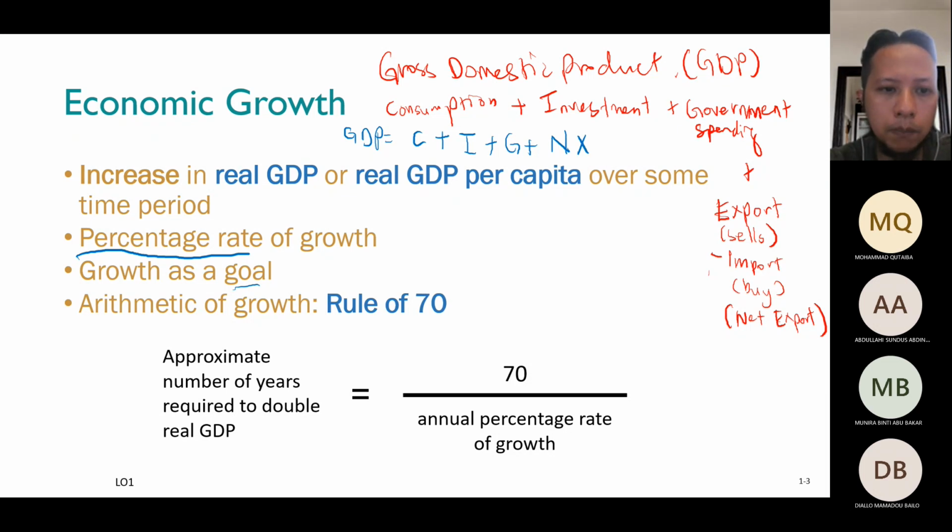For example, if a country has a GDP of 100 billion, and the annual growth rate on average is around 5%, how long does it take for this 100 billion to become 200 billion? The rule of 70 can provide this number. So basically 70 over 5, not 0.05.